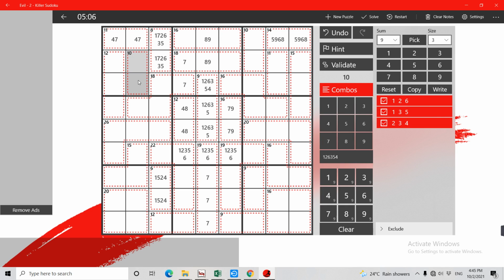Now we can try this 10. No, actually, before that, since we have a 7 here, we cannot use 1 and 7.